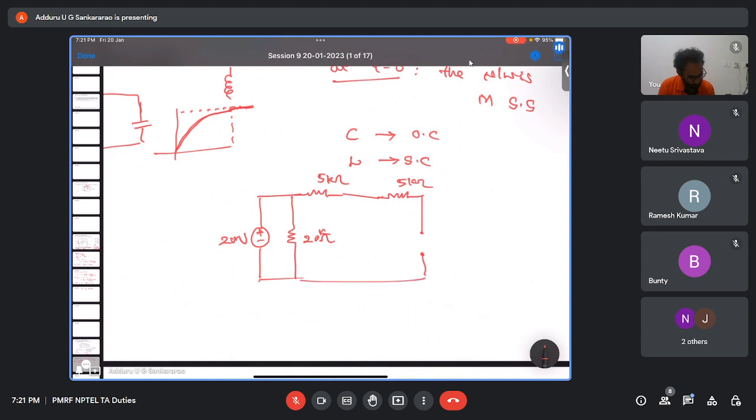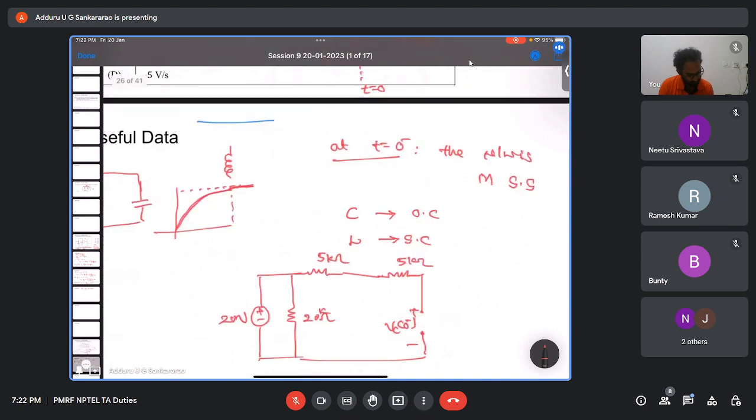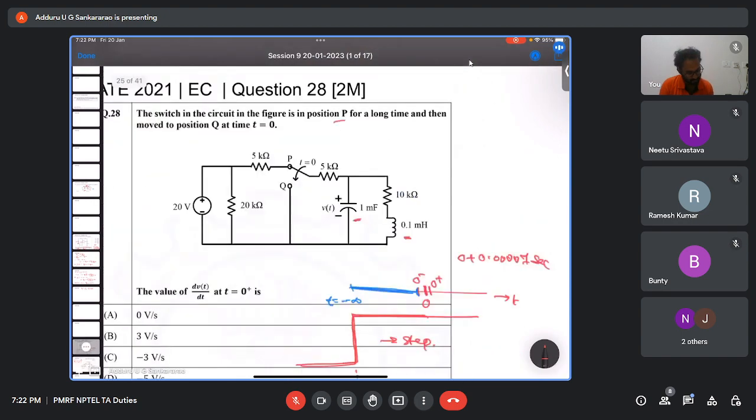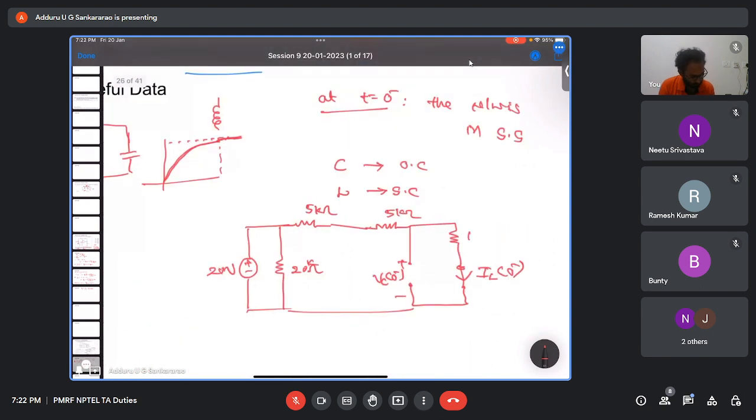Let us assume the voltage across the capacitor is Vc of 0 minus, and the inductor is a short circuit. The current through the inductor is IL of 0 minus at steady state. This is 10 kilo ohm. So at steady state in DC, the inductor acts as a short circuit, offers zero resistance, and the capacitor acts as an open circuit, offers very high resistance or impedance, we can say.